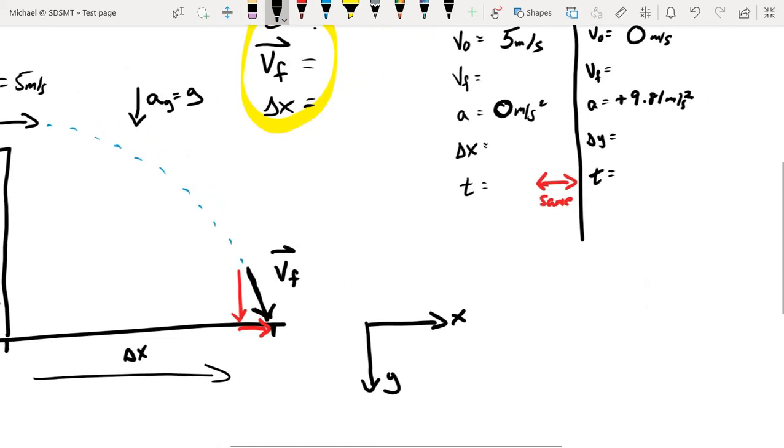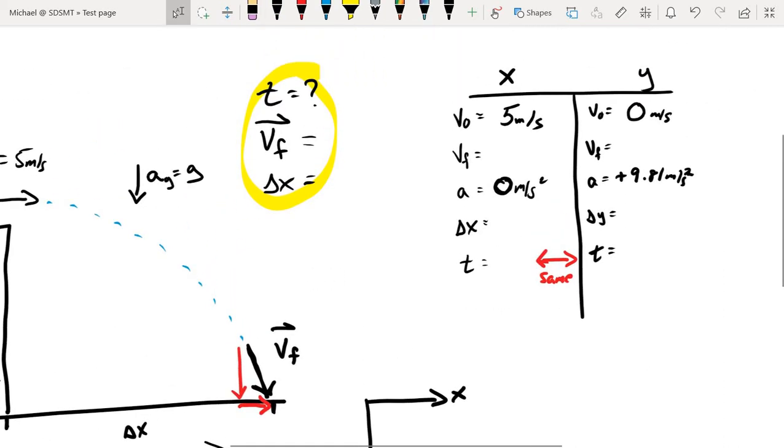Now that should raise a flag because the definition of acceleration, regardless of what axes we're working with, is a change in velocity with respect to time. Well, we have zero acceleration, which means we're not changing our velocity.